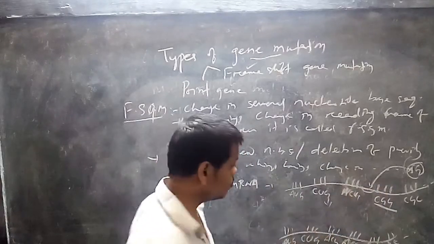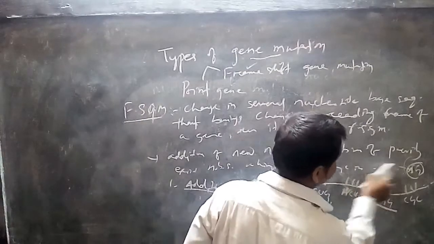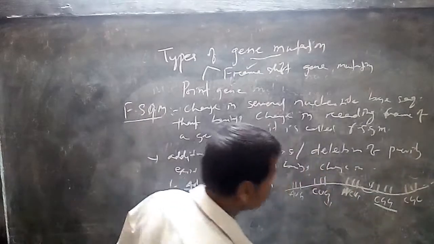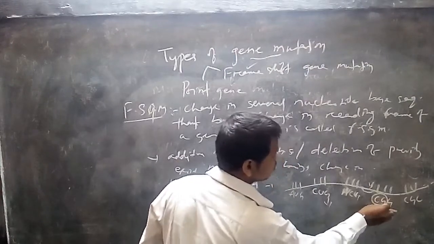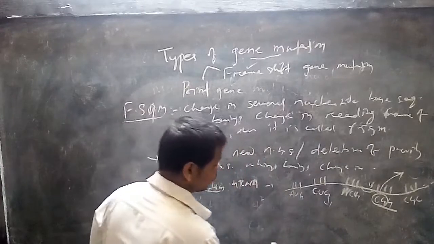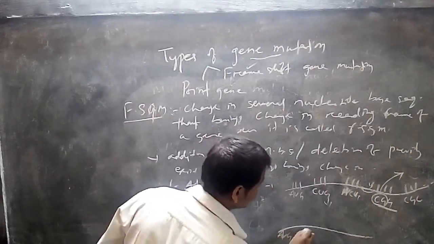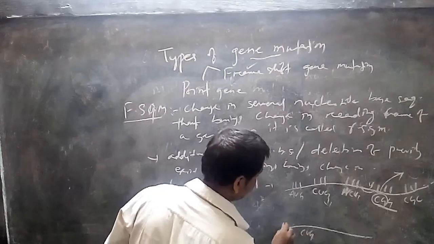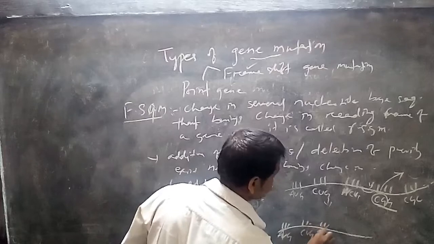If deletion of gene occurs, deletion of gene nucleotide base sequence occurs. See, example. If this CG are deleted, then what is the reading sequence? AUG, CUG, ACG.